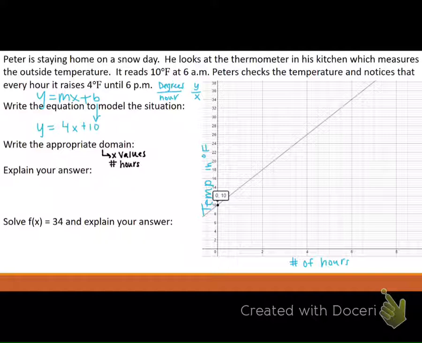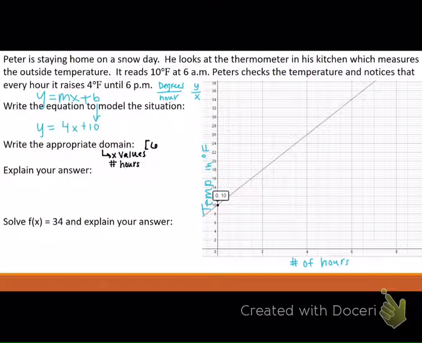So anyways, he starts at 6 a.m. Do you guys agree with that? Yes. So he starts at 6 a.m. That's a hard bracket because he knows that temperature. At 6 a.m., it's 10 degrees Fahrenheit, right? He continues to look at it all day. 7 a.m. rolls around. 8, 9, 10, 11, 12 rolls around, right?